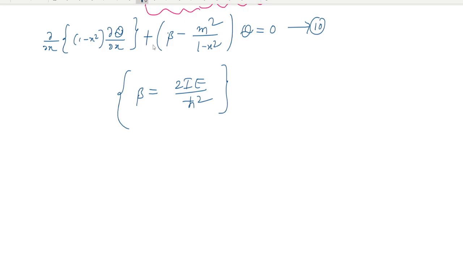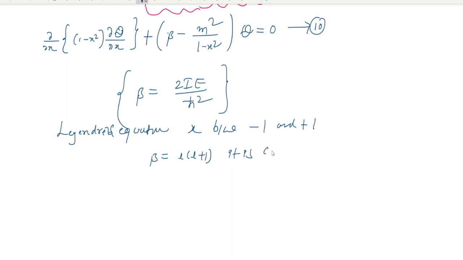This solution equation looks like a Legendre equation, and it has physical significance only for values of x between the limits minus 1 and plus 1, since x is equal to cos theta, with beta equal to L into L plus 1.